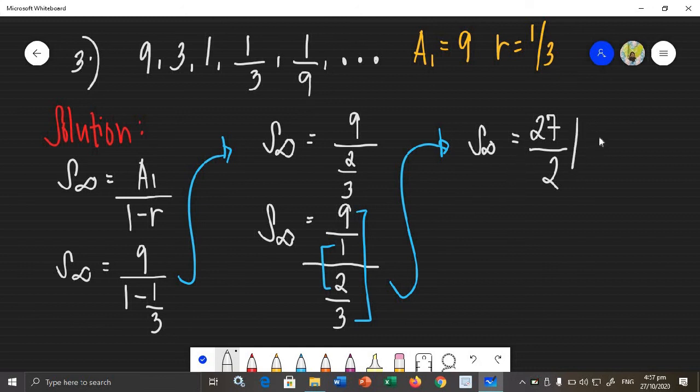If you're going to write this using decimal, then there is no problem, but napapansin nyo kasi sa sequence, fraction yung mga kasunod. So therefore, most probably, I am going to accept the fraction answer. Okay? So the sum of infinite terms of the given infinite geometric sequence is 27 over 2. And that is how you find the sum for the infinite terms of infinite geometric sequence.